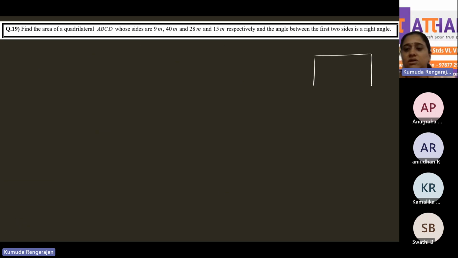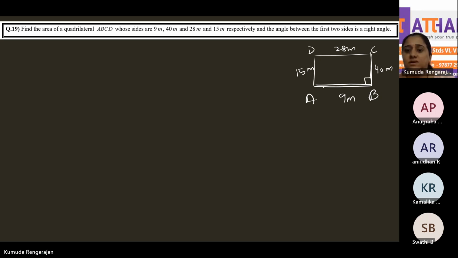So let's just draw a quadrilateral like this, A, B, C, D, and mark it carefully. AB is 9 meters, BC is 40 meters, CD is 28 meters, and DA is 15 meters. And the angle between the first two sides, AB and BC, is 90 degrees.